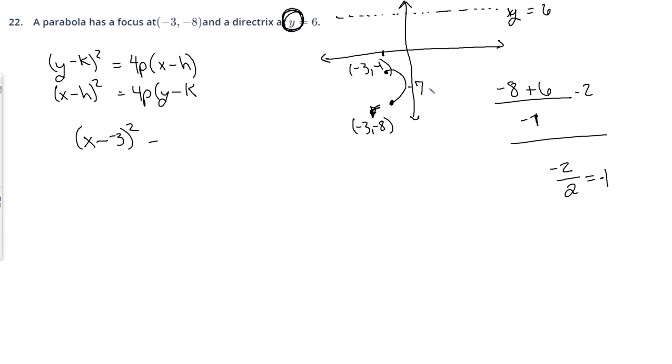It'd be -7 because I went down 7. So 4 times -7, y minus a -1. So x plus 3 squared is equal to -28 y plus 1. And that's your equation.